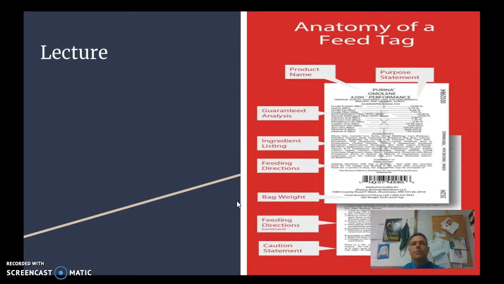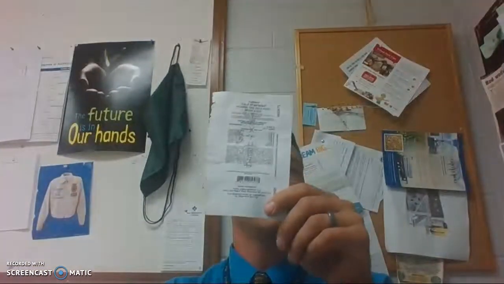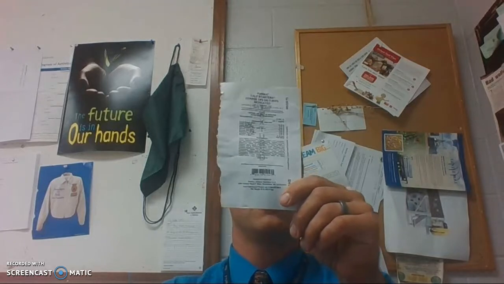A feed label can be multiple different shapes and sizes, but they all have the same information. So there is an anatomy of a feed label like there's an anatomy of the animal itself. The feed label could be small, like this little one down here in the corner. Maybe you can kind of see it. You can see the feed label could be a small little label like this that was on a blank feed sack.